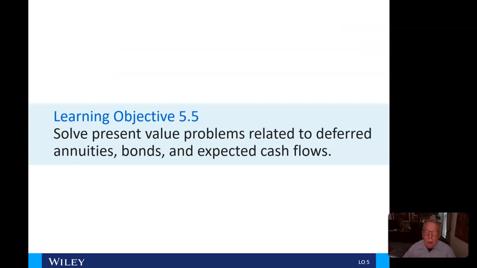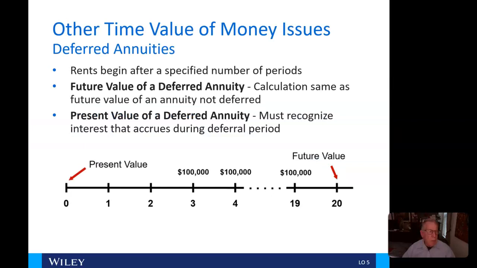Deferred annuities, bonds, and expected cash flows. We had a little bit of this in 101, and unless you had me for that class, you probably didn't get a whole lot of background on doing some of this. But the rents begin after a specific number of periods. That's a deferral.